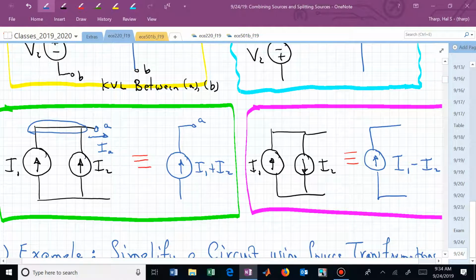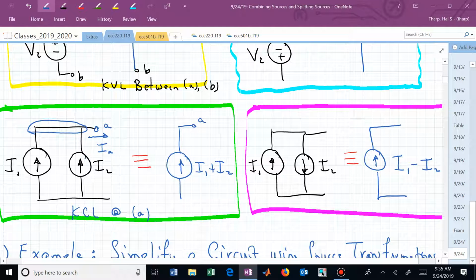And that needs to be true or equal in the 2 source representations. Performing KCL at node A allows you to convince yourself that these 2 combinations of current sources are indeed equivalent.